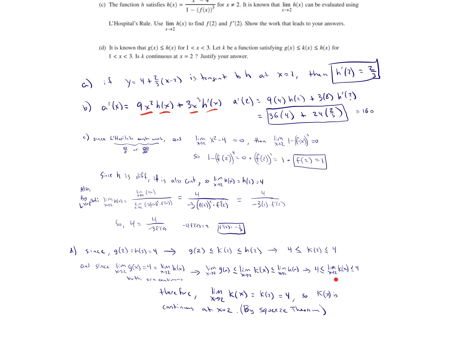So that squeezes the limit for k in there. And therefore we know that the limit for k as x approaches 2 is also equal to k of 2, which is 4. So that's our check of k of x being continuous at x equals 2 by the squeeze theorem. Okay, that was a lot. Hopefully for the next problem, this will go a little quicker.